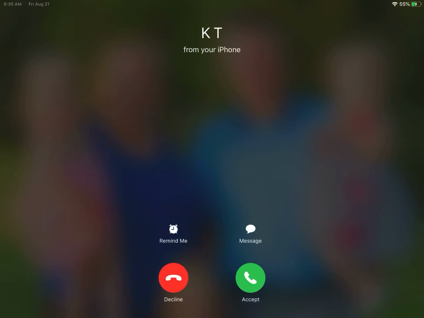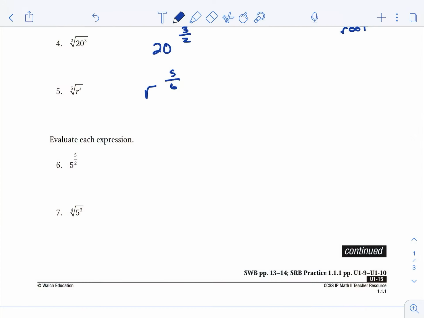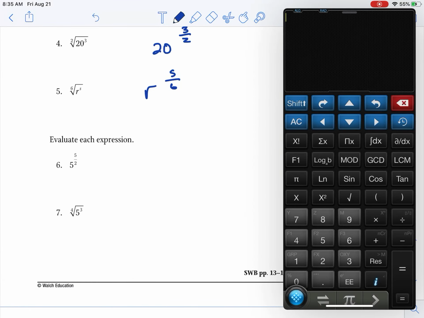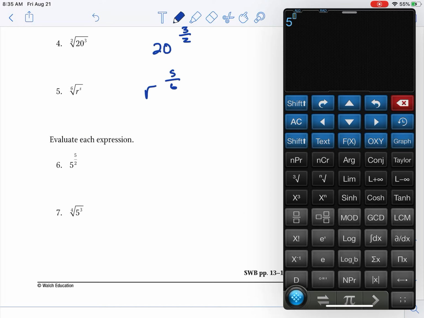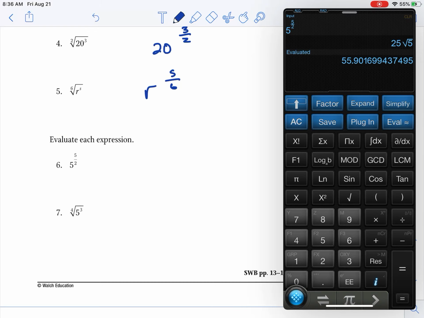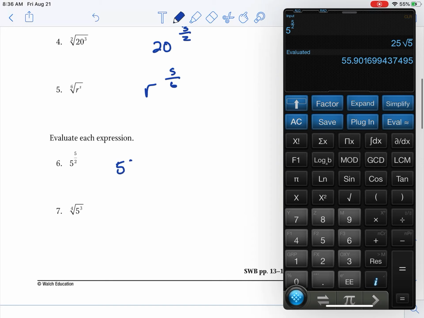Evaluate. Sorry about that. 5 to the, guys, you want to get a calculator that has a nice fraction button and nice options. This one works a little bit better if it doesn't hit eval up there. 55.9.